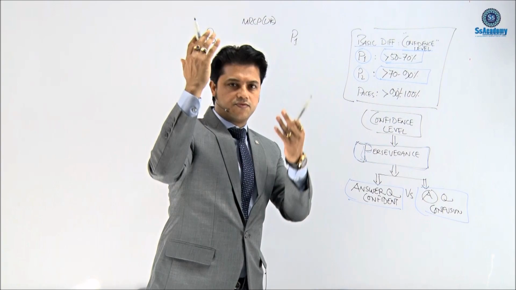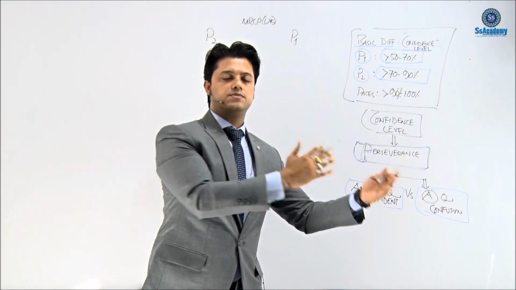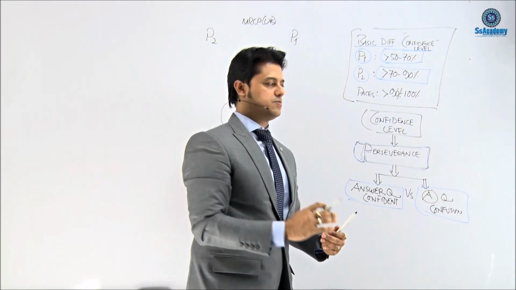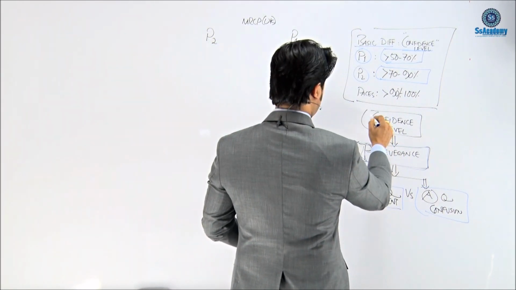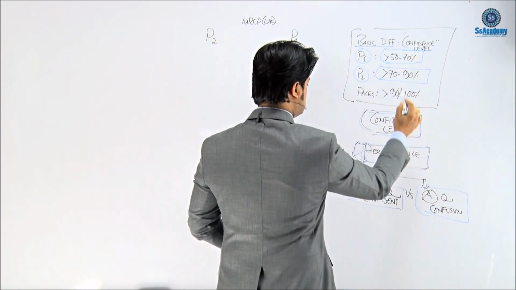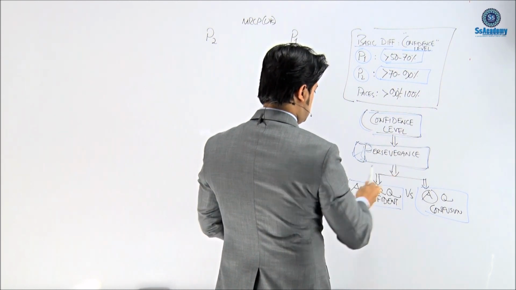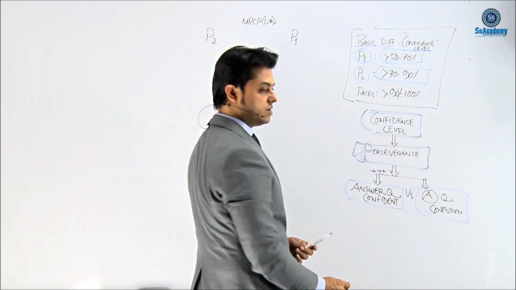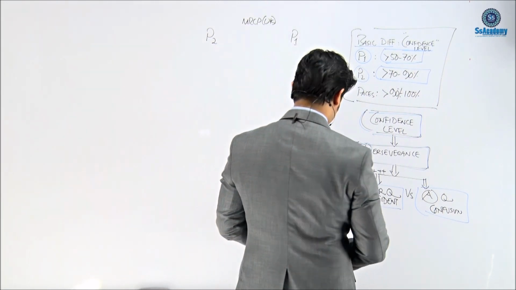The recommendation that is given is: 5-star topics 5 times, 4-star topics 4 times, 3-star topics 3 times, 2-star topics 2 times. Yes, my dear doctor. And this confidence level, as I said, depends on the perseverance. If you do perseverance many times, you will go to answering questions with confidence.